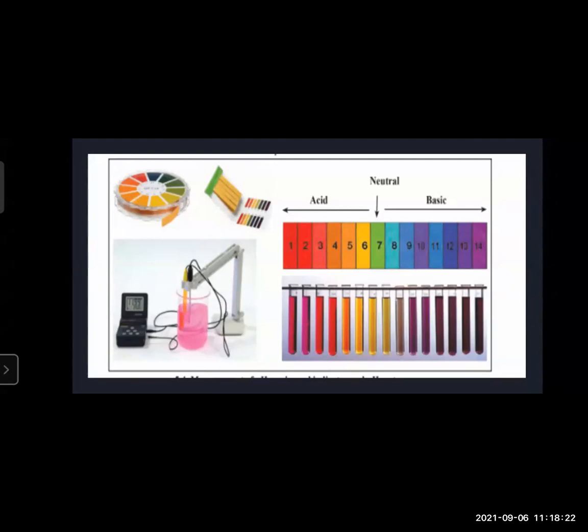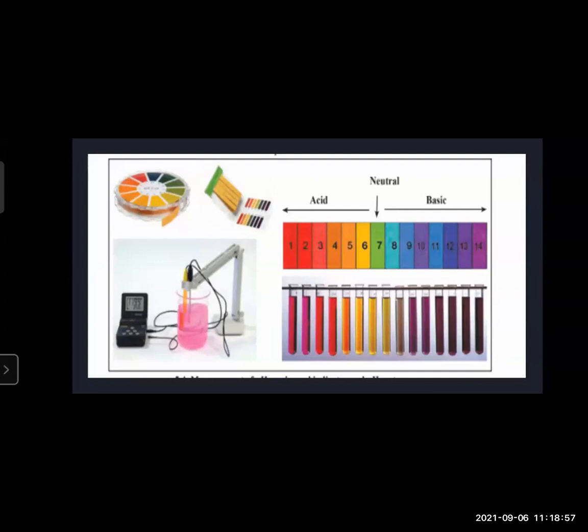This pH is the midpoint of the scale. The pH of an acidic solution is less than 7, meaning the left side: 6, 5, 4, 3, 2, 1. When the color of the substance matches the numbers 1 to 6, you can easily identify it as an acidic solution.